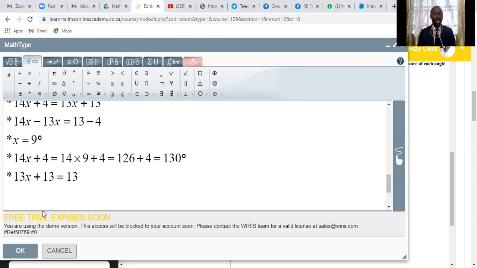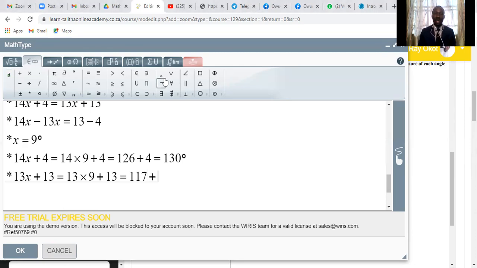So this will be 13x, and 13x is 13 times 9, plus 13. What do we get when we multiply 13 by 9? It gives us 117.